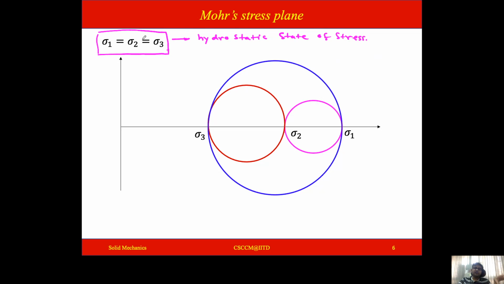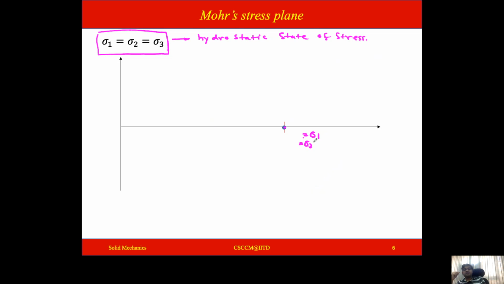Now if sigma 1 is equal to sigma 2 is equal to sigma 3, so let us say this is the point. So this sigma 2 is equal to sigma 1 and which is equal to sigma 3, what will happen? All the side circles will reduce to a point. So the Mohr circle reduces to a point.